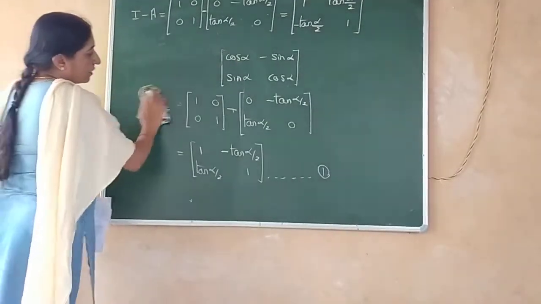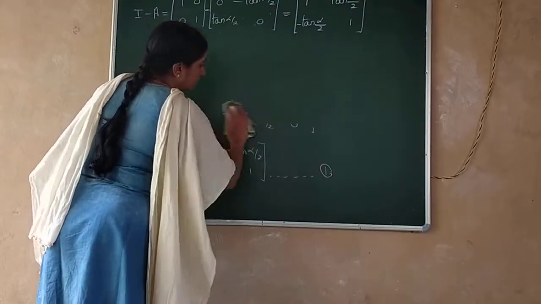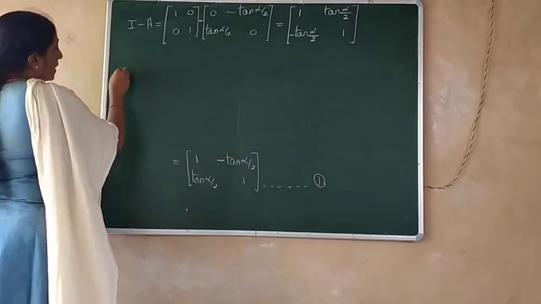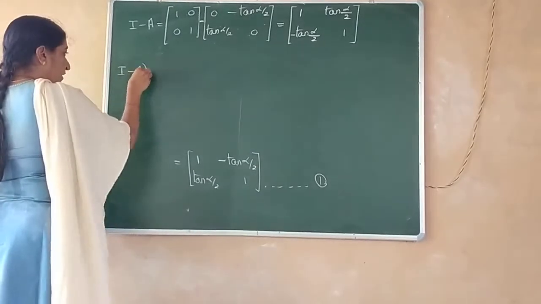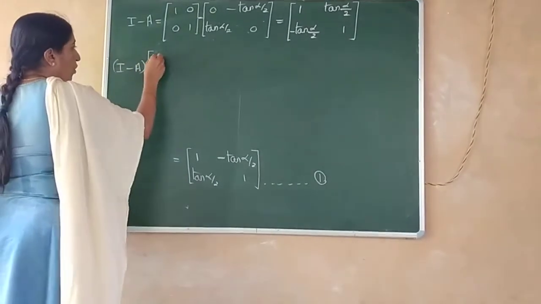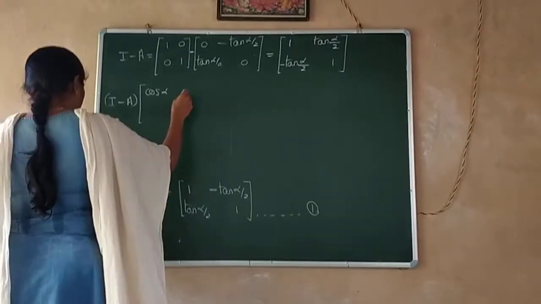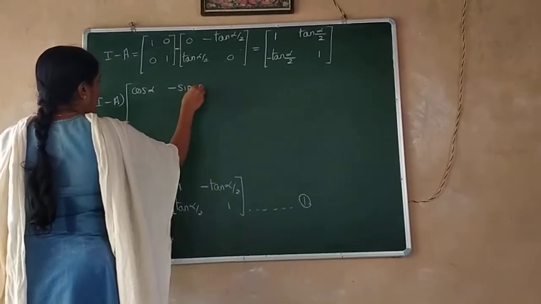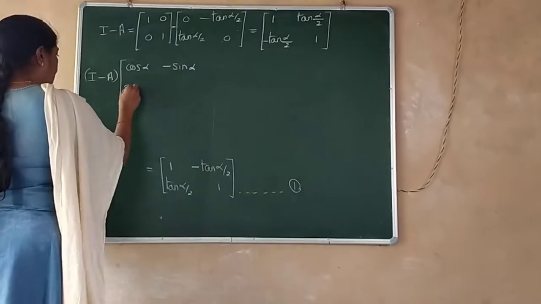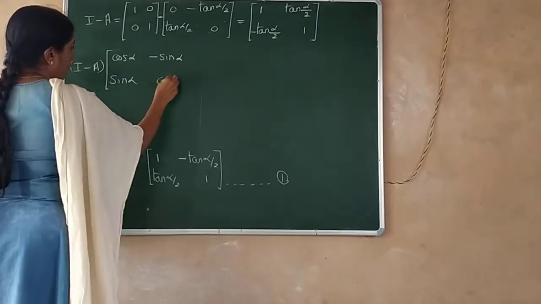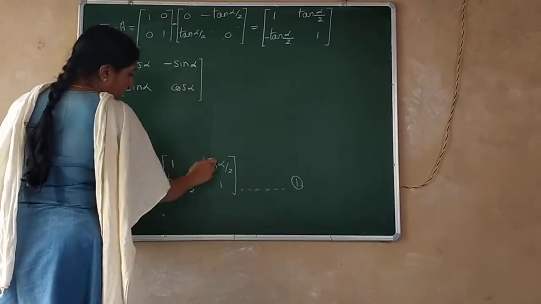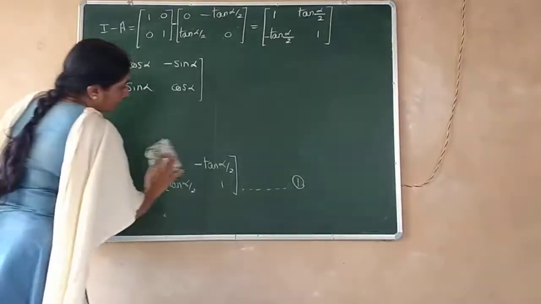What is the next one? Next I am writing I minus A into the matrix cos alpha minus sin alpha, sin alpha cos alpha. And already you noted equation 1.